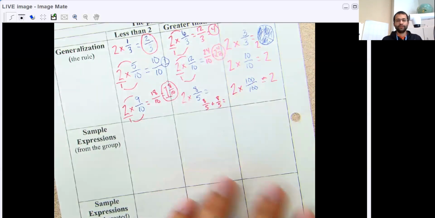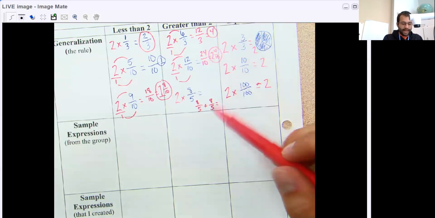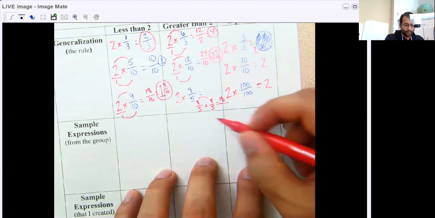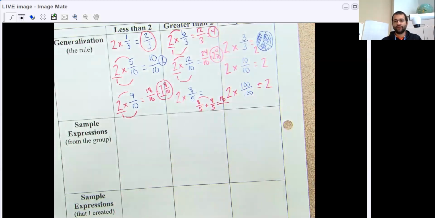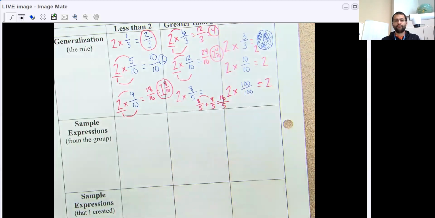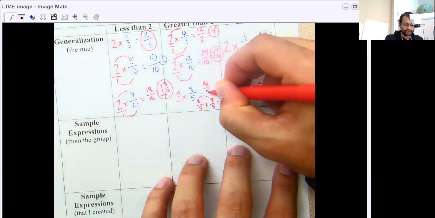Now remember, let's see who remembers from 4th grade. When I'm adding fractions, I add my top numbers, so that's going to be 16. But what happens to my bottom numbers? I don't add my bottom numbers, it stays the same. We remember that from 4th grade? It stays the same when I'm adding fractions. So my answer this time is 16/5.